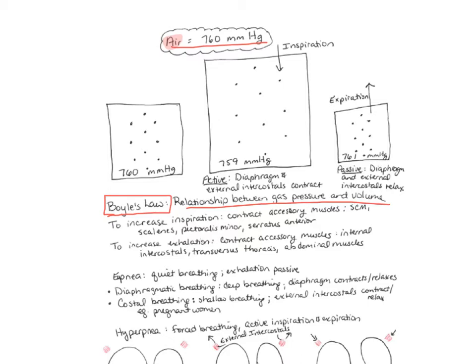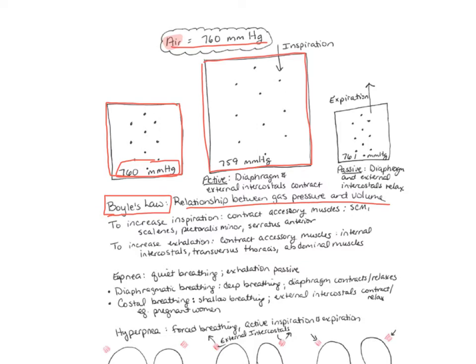So here we see a container that is this particular size, and it has a pressure of 760 millimeters of mercury, right? And you can see the molecules inside there. Now, Boyle's Law says that if you increase that container size, then what's going to happen to the pressure inside that container?